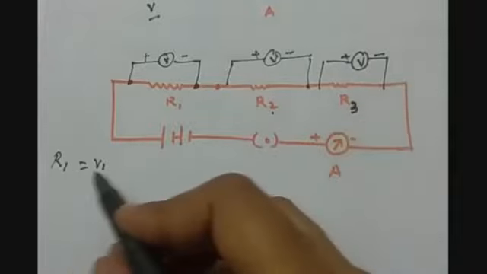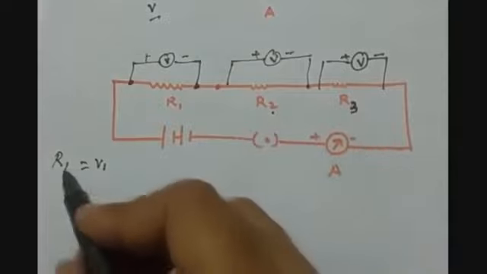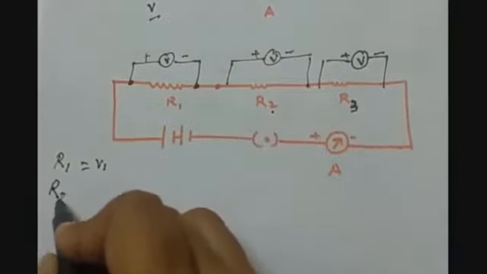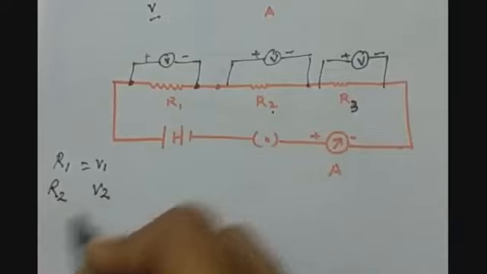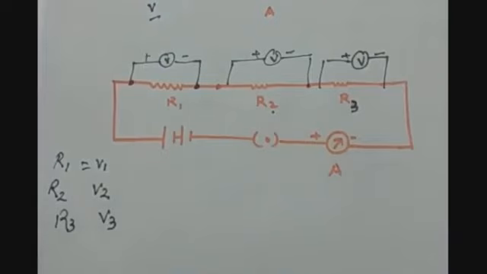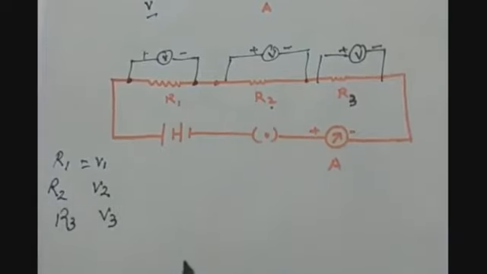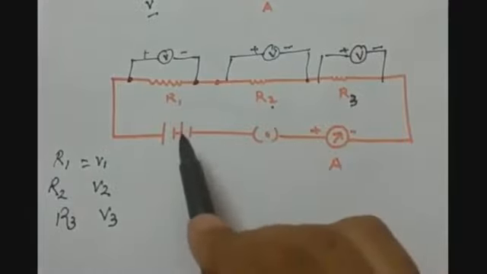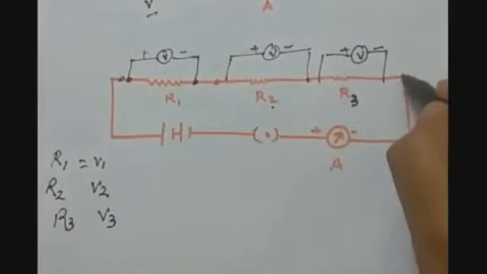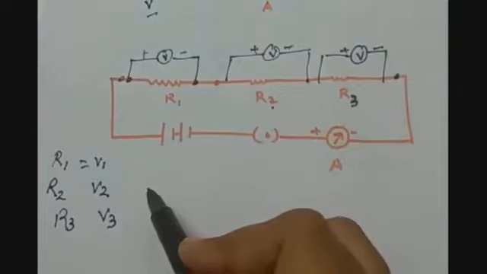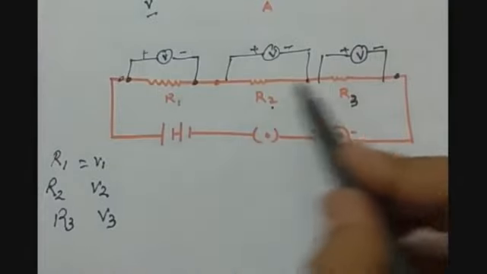That means here in this activity, what is happening? Across R2, we have potential difference V2. Across R3, we have potential difference V3. But the total potential difference across the ends of the system of resistances should match with the potential difference across each resistor.